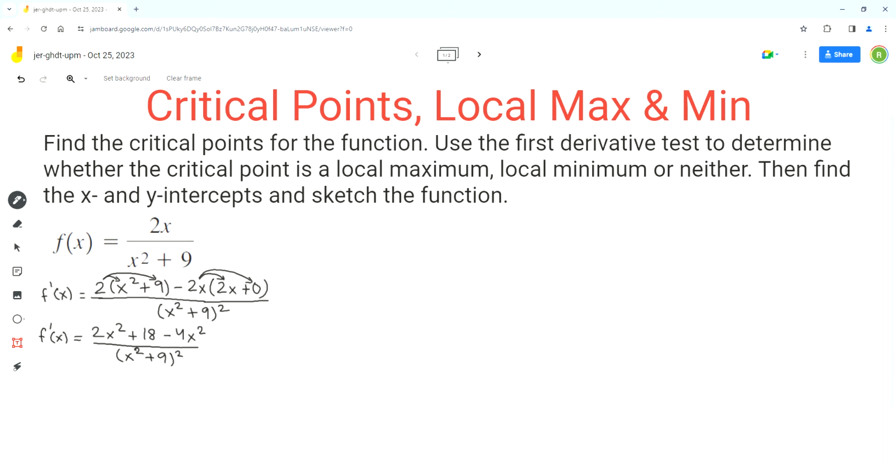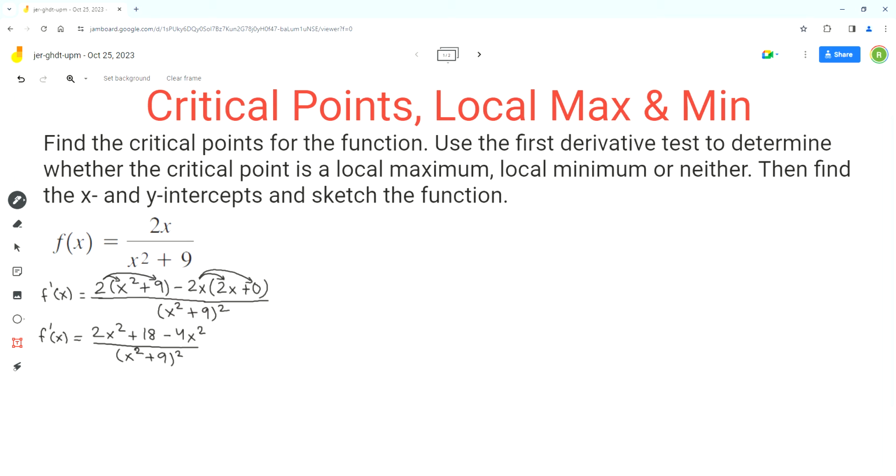Now for critical points, the derivative of the function should be equal to 0 or undefined. This expression will be undefined if the denominator becomes equal to 0. So we should find the x values that will make the denominator equal to 0.